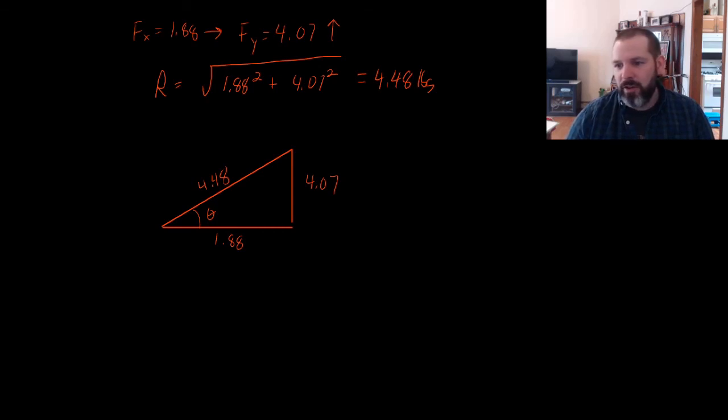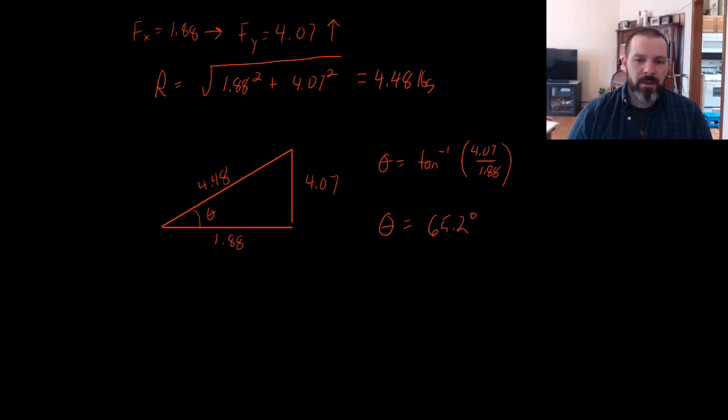I prefer to use tangent, so I can say theta equals the inverse tangent of 4.07 divided by 1.88. If you do this calculation, you find that theta is equal to 65.2 degrees. So 4.48 and 65.2 are our magnitude and angle.